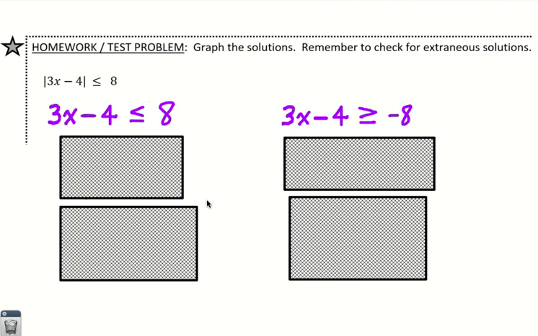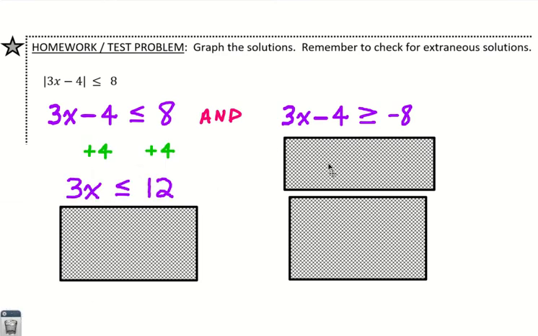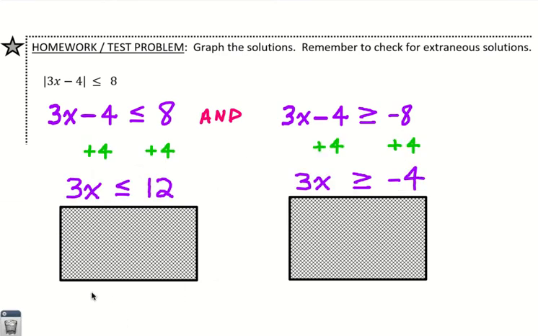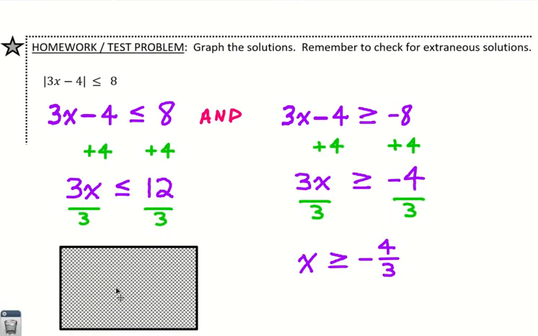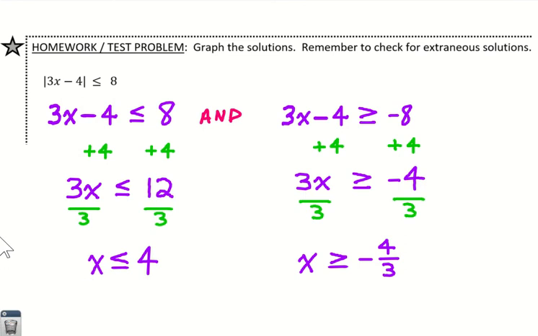And again, the word that fits here is and. It fits with the original symbol of being less than or equal to. And now you're just going to solve both of these separately like you've done 1,000 times. No need to reteach you that.